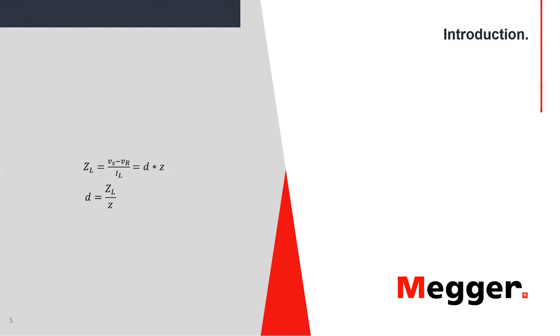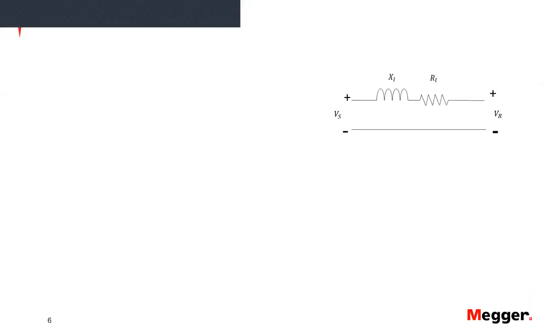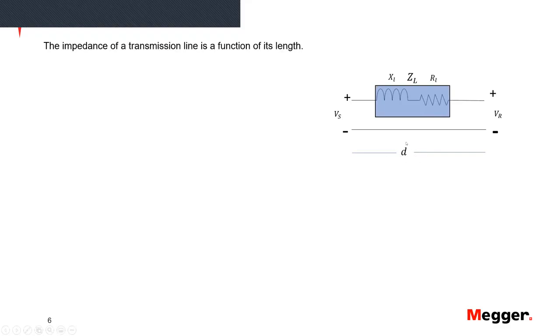So as an introduction, I want to start with a statement. I have a line, and that line has a length, and my statement is that the impedance of the transmission line is a function of its length. We have equations.